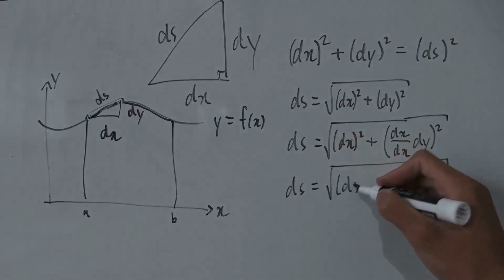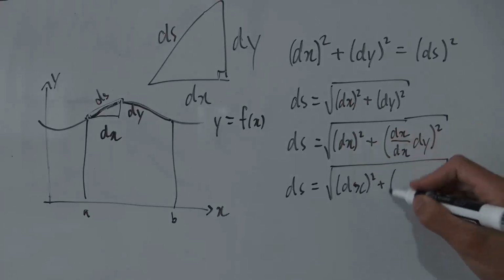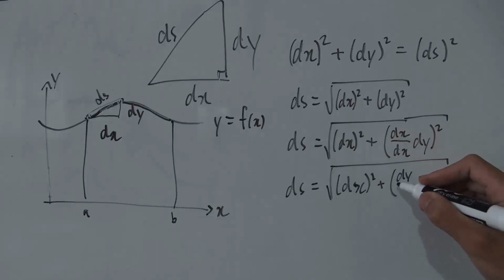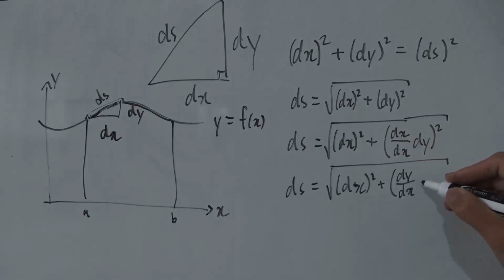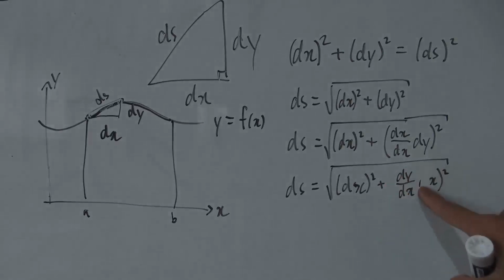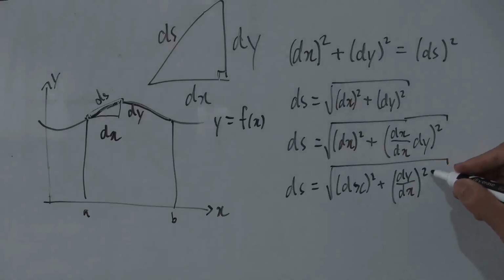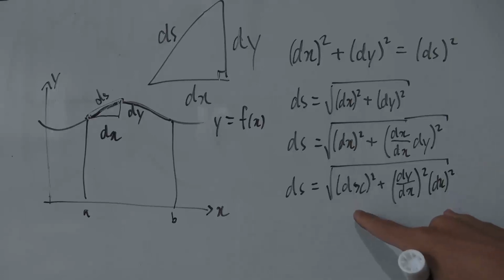This is a dx squared, and now if we move this dy up to here, notice that we have a dy on dx times dx. This is a derivative in terms of x. Now we can expand this power, this square here. We have dy on dx squared times dx squared. This is really good because now we have a common factor of dx that we can factor out.